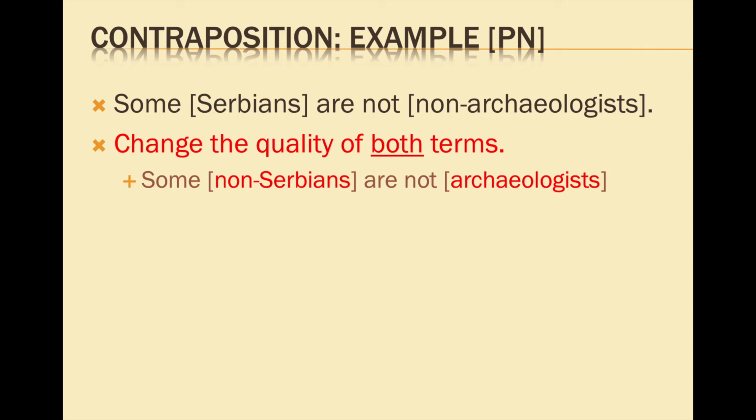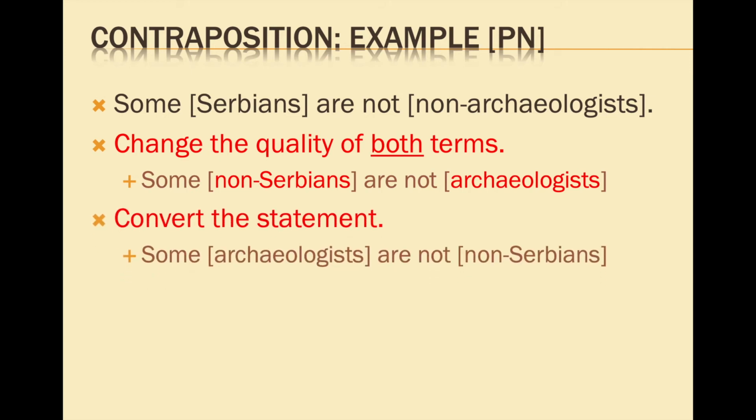So Serbians becomes non-Serbians, but non-archaeologists becomes simply archaeologists. We're not changing the quality of the statement here. It remains a particular negative. And then the second step is to convert the statement. Remains particular negative, but we switch the position of the subject and predicate terms after we have changed the quality of both terms. And so we end up with a logically equivalent statement.